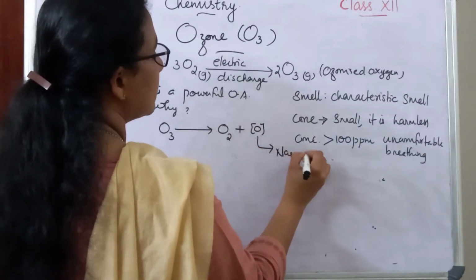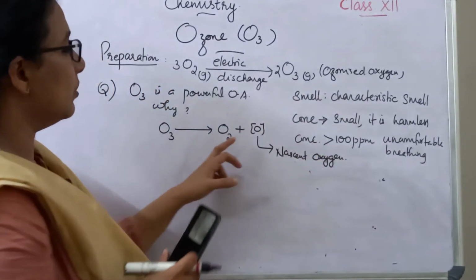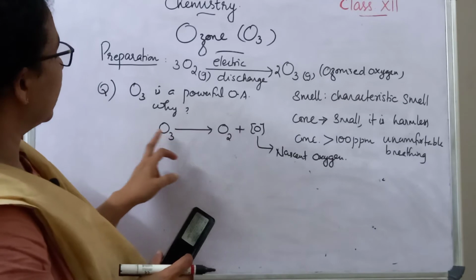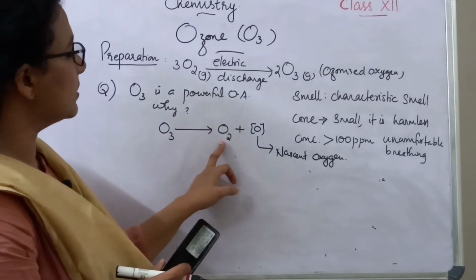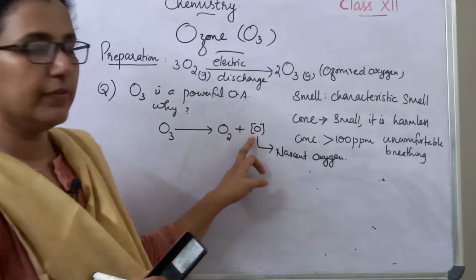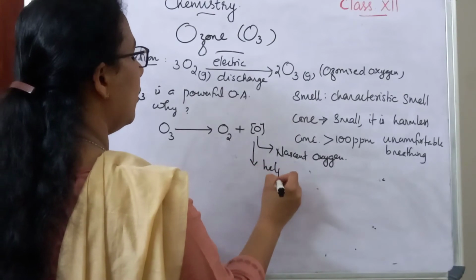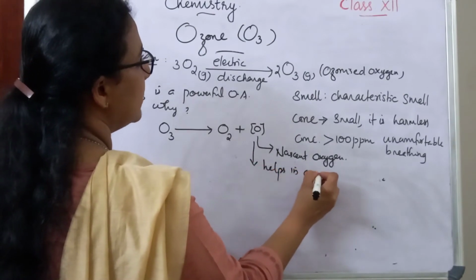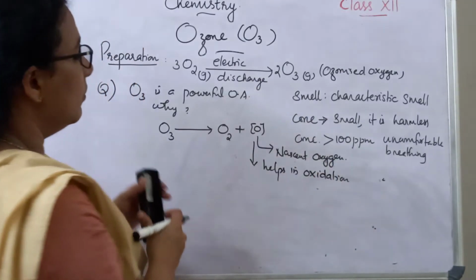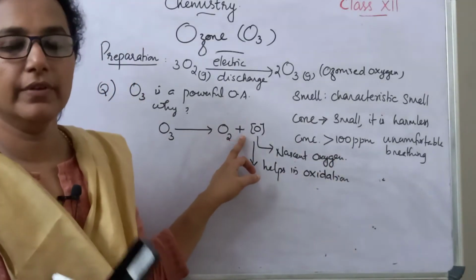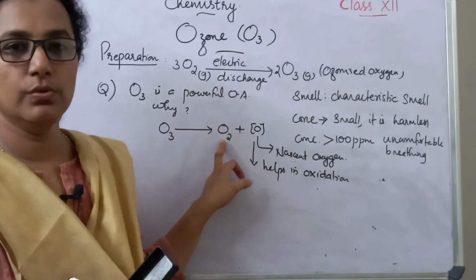Nascent oxygen means it is newly born oxygen. So in this decomposition process, the liberation of nascent oxygen is there, and this nascent oxygen helps in oxidation. So the oxidation by ozone is due to the liberation of nascent oxygen when ozone is decomposed to oxygen.